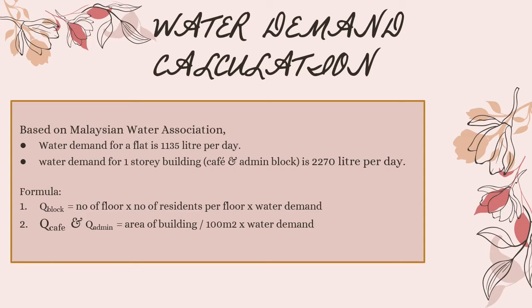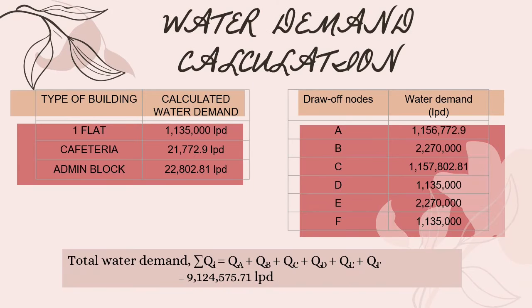The formula to calculate the water demand of a block is number of floors multiplied by number of residents per floor and multiplied by water demand. To get the water demand for the admin and cafeteria block, area of building divided by 100 meters squared and multiplied by water demand. So here is the calculated water demand for each building and at every drop-off node.